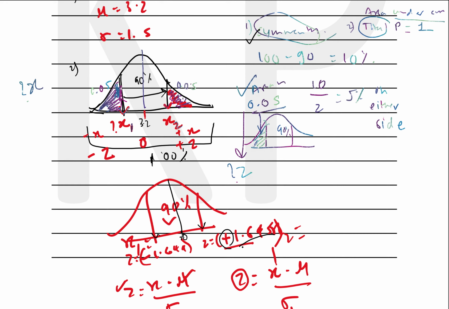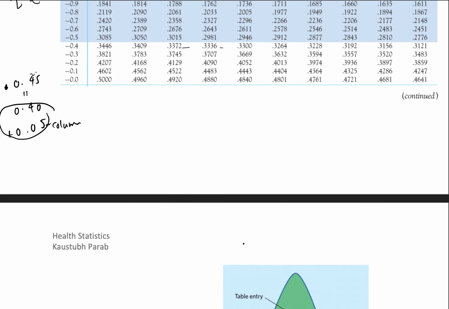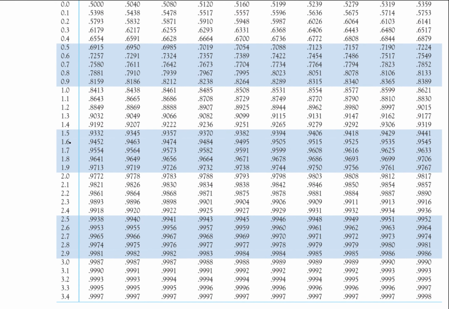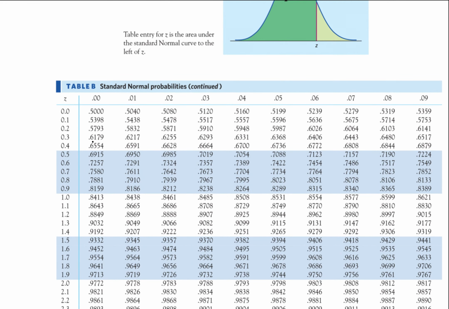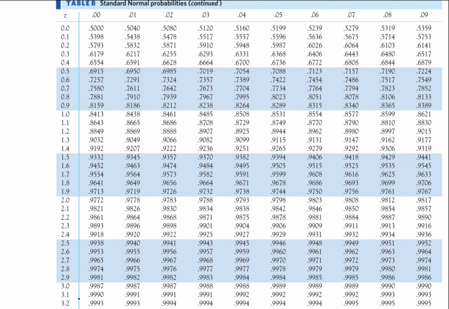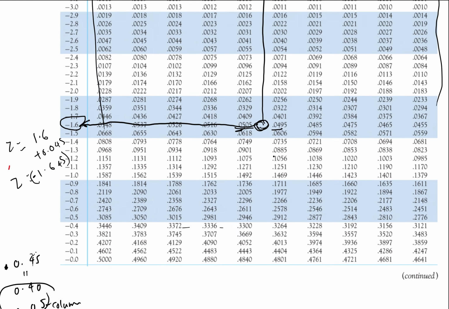And you can also cross check that particular z-score, positive 1.645. 1.6, and then actually if you find that 1.645, that's going to be this number somewhere around here. That's going to be area left of z.